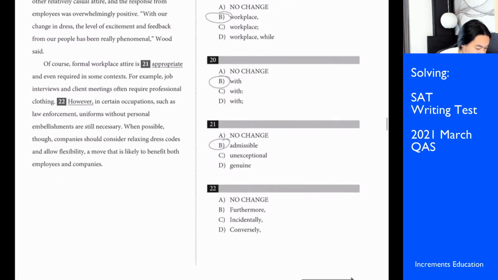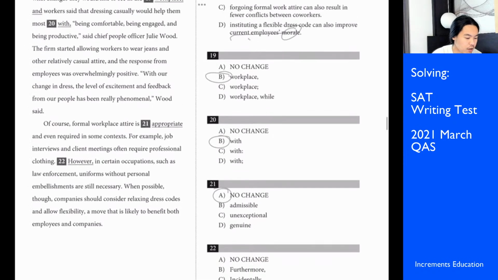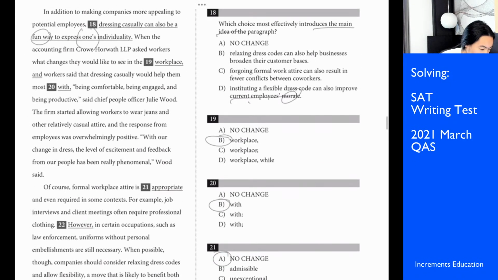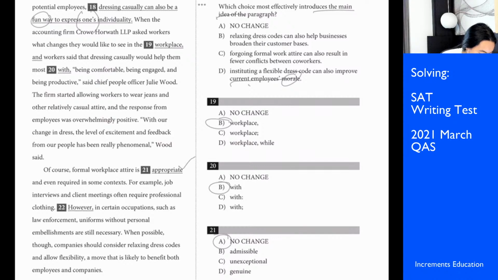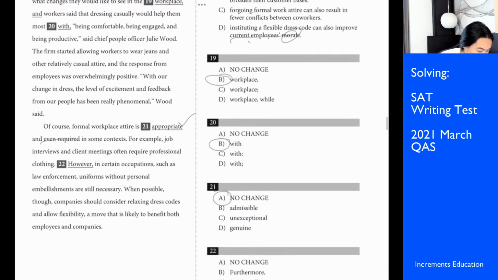Permissible, admissible. Hang on. Okay, appropriate is the right word. I wonder why I just glossed over appropriate. I think I just zoned out. That is correct. That makes natural sense. So I shouldn't have doubted myself.